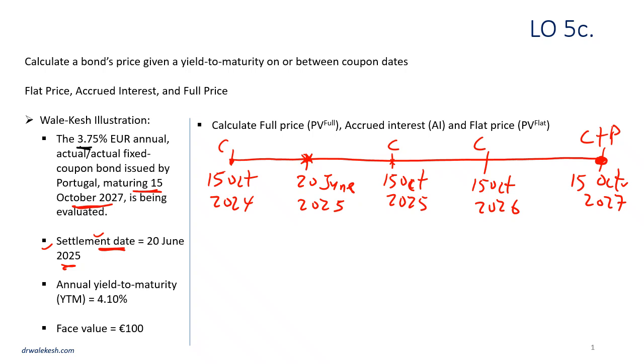The coupon rate is 3.75%. So 3.75% of par would give us the coupon. That's the coupon amount. So here at maturity, we will have 103.75.